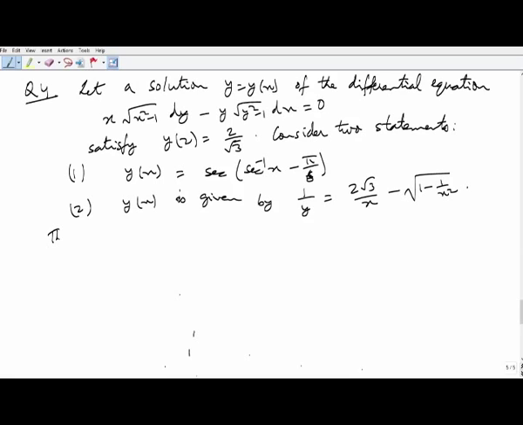Then we have 4 options. A, both 1 and 2 are true. B, 1 is true but 2 is false.